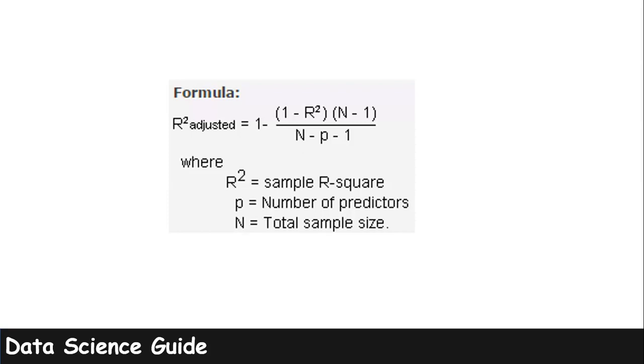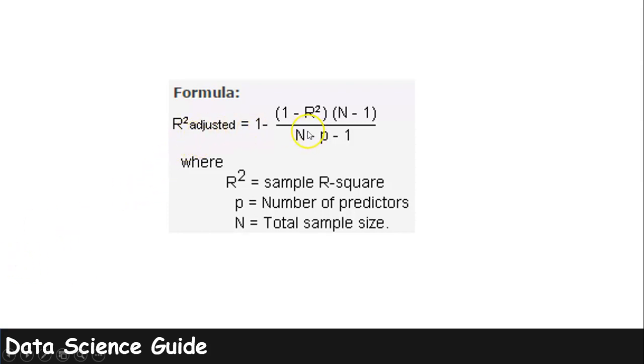And the statisticians found a formula to reduce the effect of the number of these variables to come up with a more accurate R squared. And they call it R squared adjusted, or adjusted R squared.